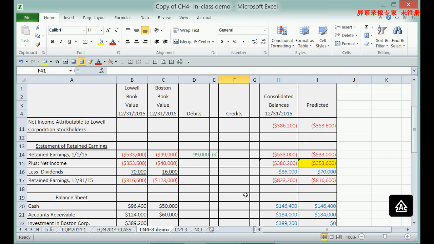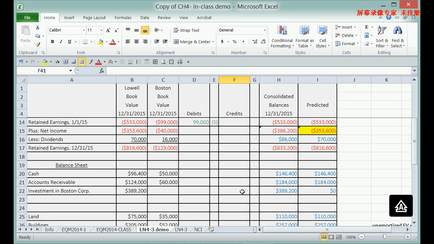And for the S entry of the investment, we need to credit investment, but remember, now we don't credit 100%, we credit 80% of all the S adding up. This S entry is 80% of these 3 items.